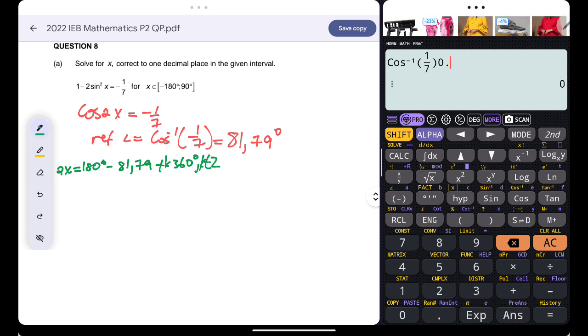So therefore 2x is equal to 180 minus 81.79. I'll get 98.21 plus k 360.